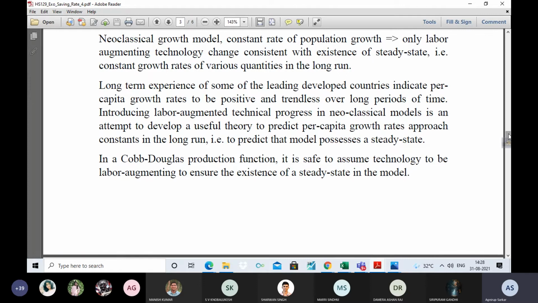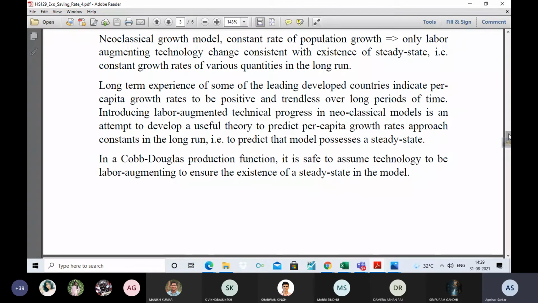In that kind of a steady state, you would find that there is growth in per capita variables, and the rate of growth in the long run is a constant, right? This is what we would be establishing.